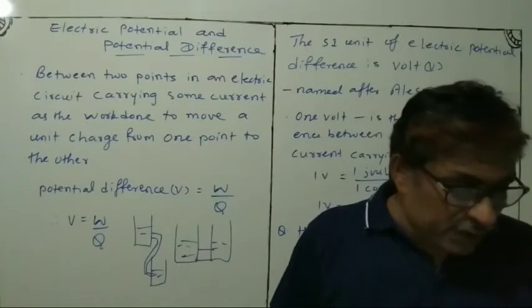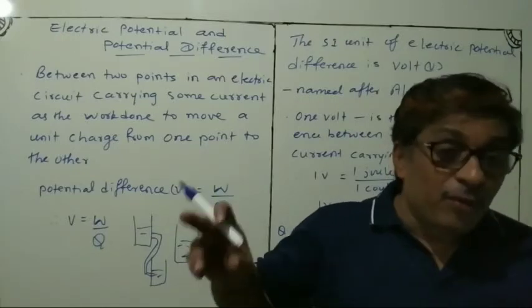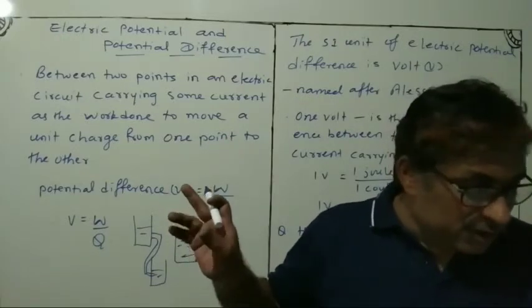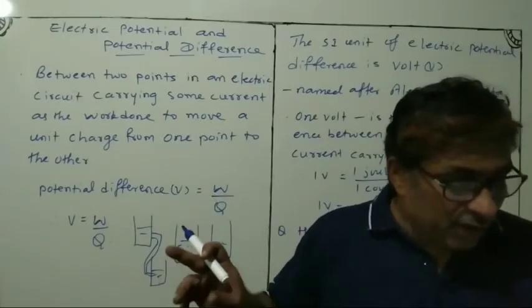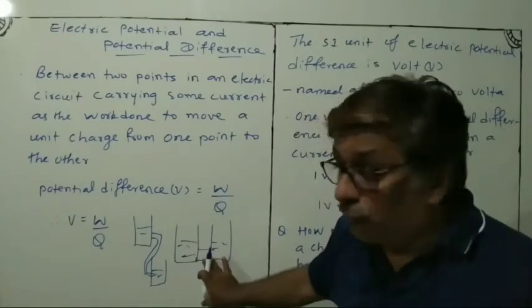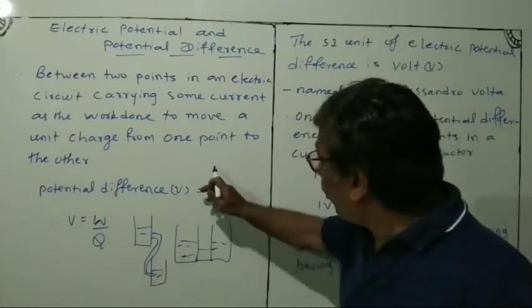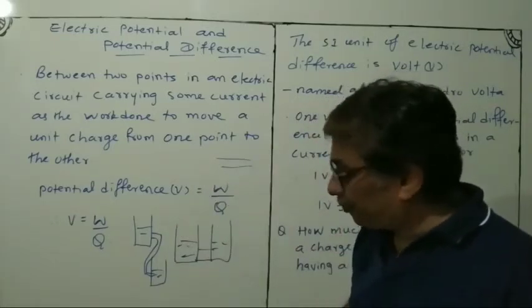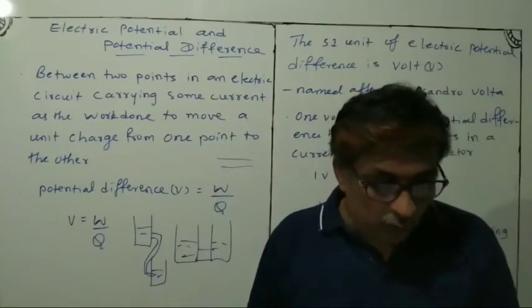Charges do not flow in the copper wire by themselves, just as water in a perfectly horizontal tube does not flow. So when will it flow?